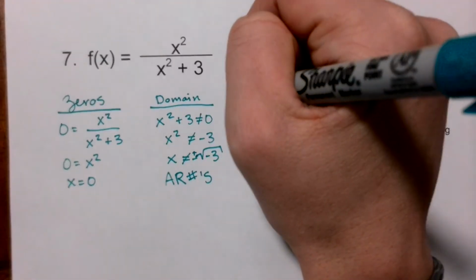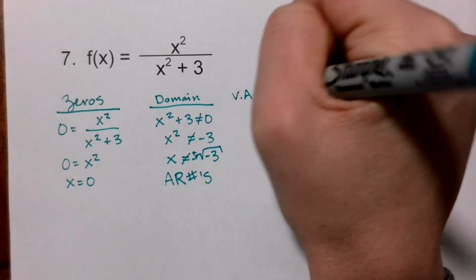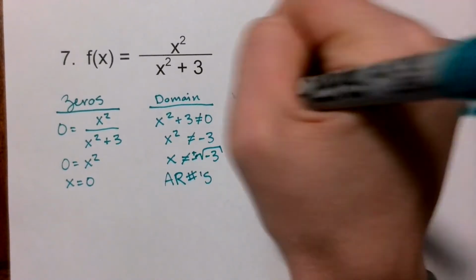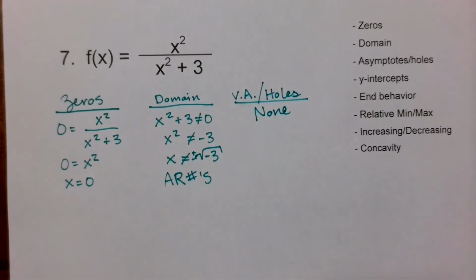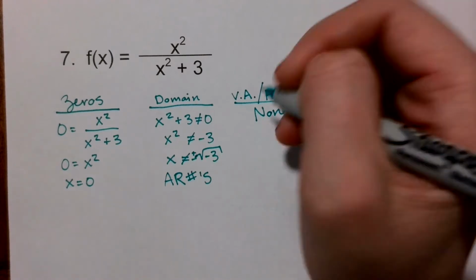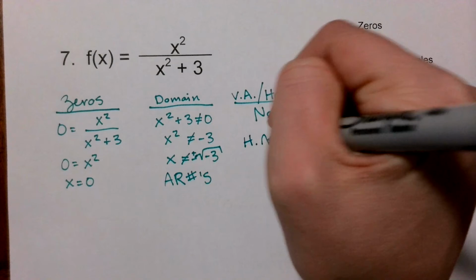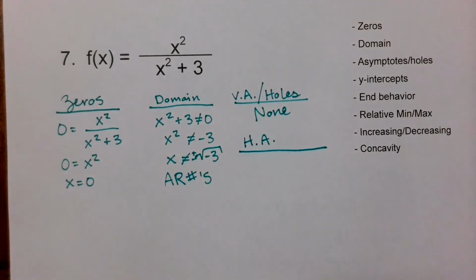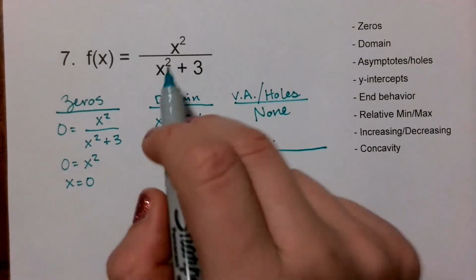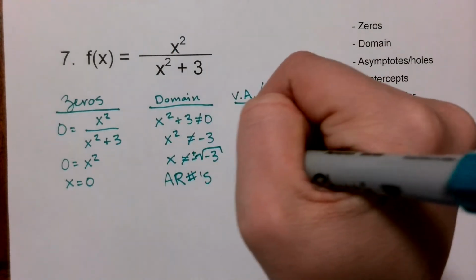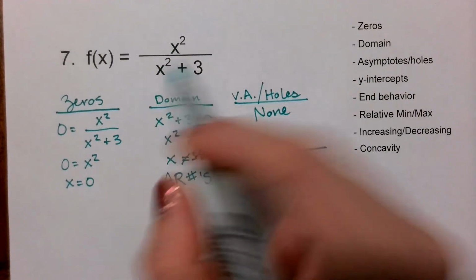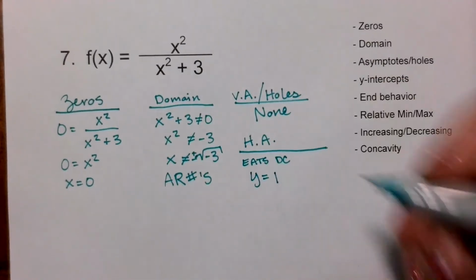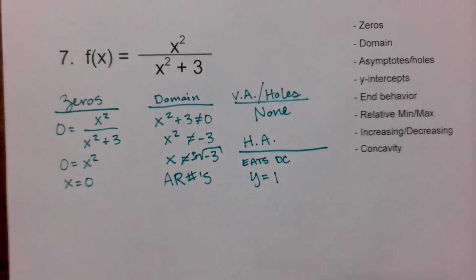So for our vertical asymptotes and holes, we have none, which is a little strange for a rational function, so we'll see what this looks like eventually. For horizontal asymptotes, remember you're using BOBO BOTN EATS DC. In this case, we've got EATS DC: the exponents are the same. So we're dividing coefficients, and we get a horizontal asymptote at y equals 1. Okay.